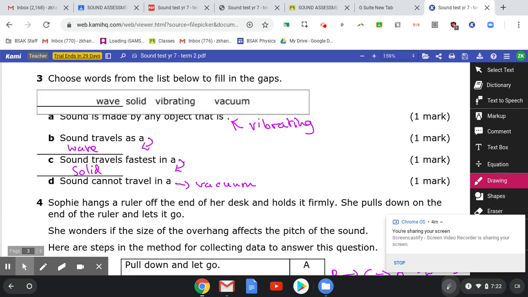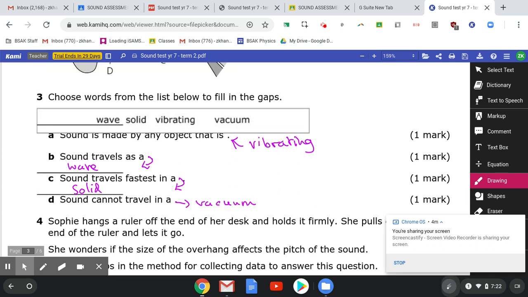Question 3. Now, this formatting hasn't turned out the best, but part A says sound is made by any object that is vibrating. So a drum vibrates, creates sound. A speaker vibrates, creates sound. Your voice box inside your throat vibrates, creates sound.